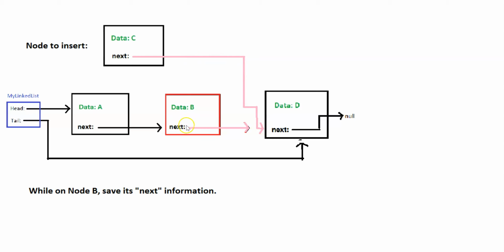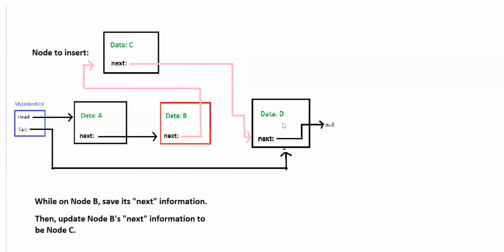So now node B's next is D and node C's next is D. Then all we have to do is update node B's next to be node C. And now it's just been put in between node B and node D.